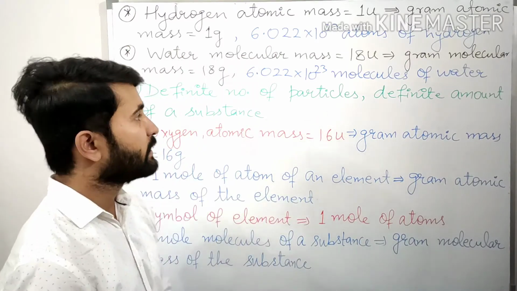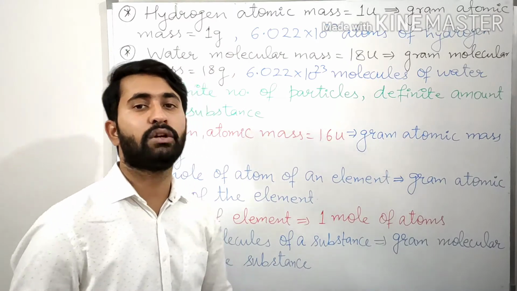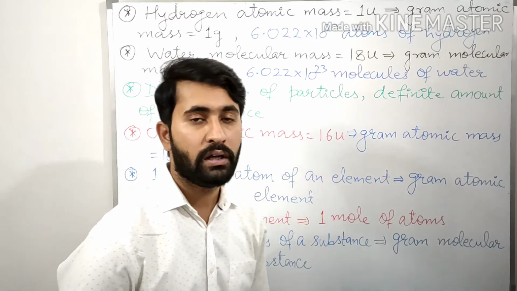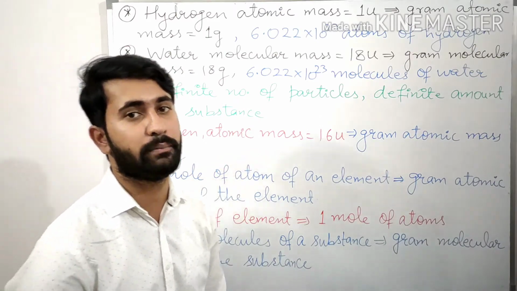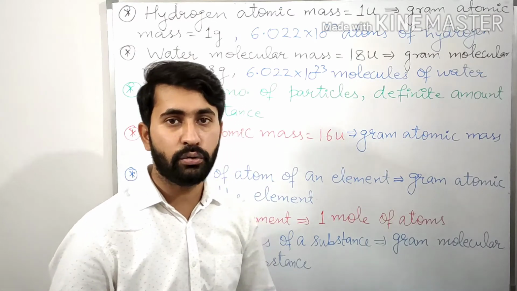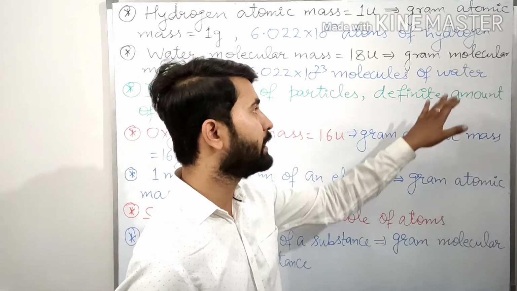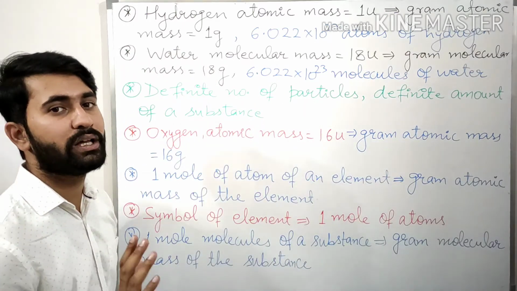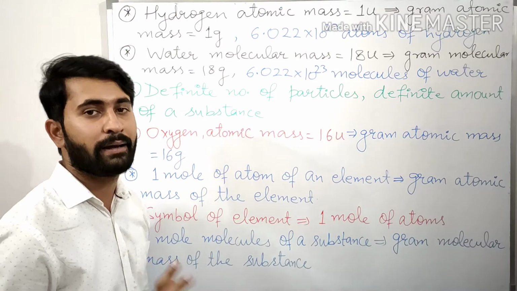Now the molecular mass of water is equal to 18 u. We have already learned that how to find the molecular mass. So its molecular mass is 18 u, and if we will convert it into gram molecular mass or molecular mass in gram, then it will be equal to 18 gram.